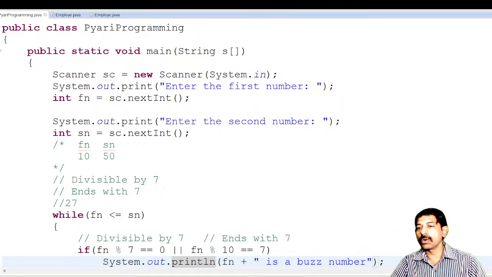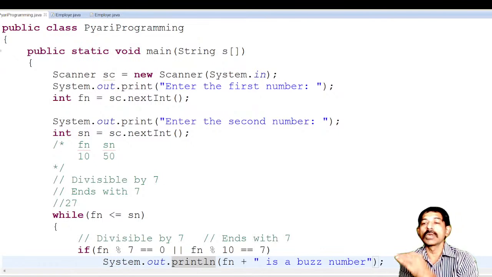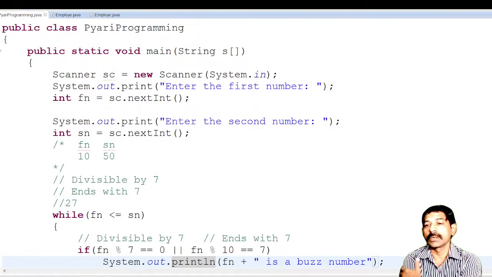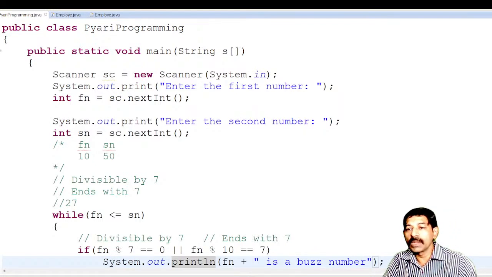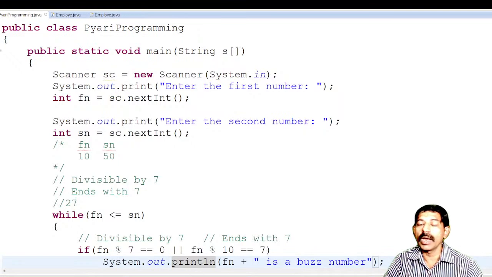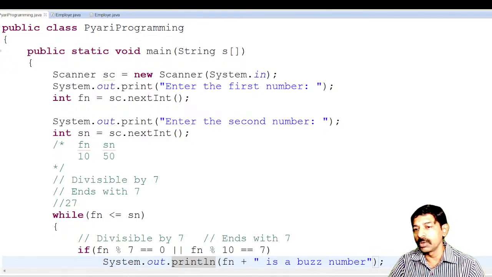Break statement, no. Why would I use a break statement? Because I need to display all the bus numbers, not only the first bus number. If the question were to write a program to display the first bus number between two given numbers, then break would be used. Here it is asking about all the bus numbers between two given numbers, so break cannot be used.